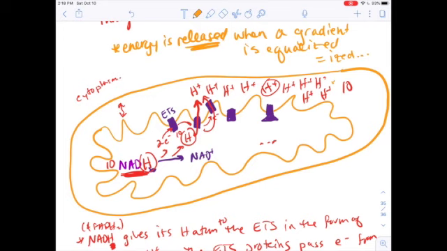That is so important because these protons don't diffuse back over here. They don't do that. They diffuse back into the matrix of the mitochondria in one spot.